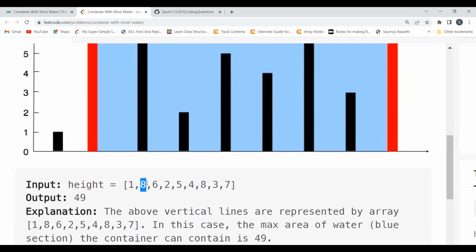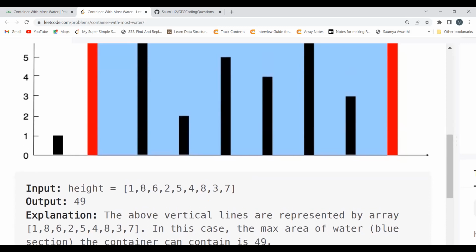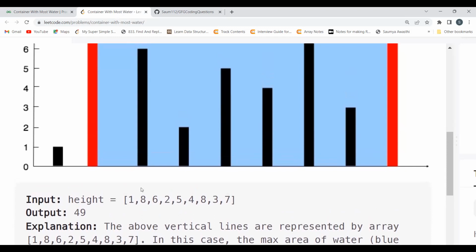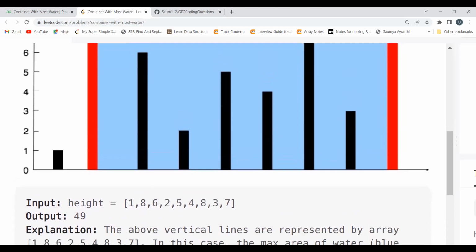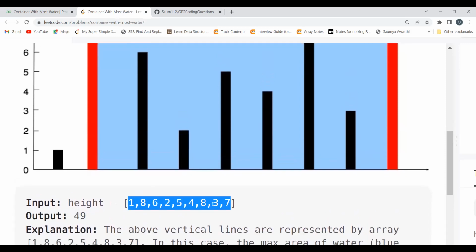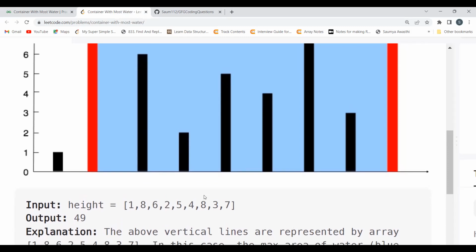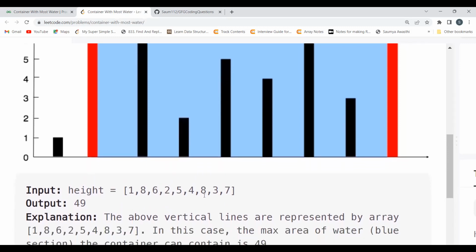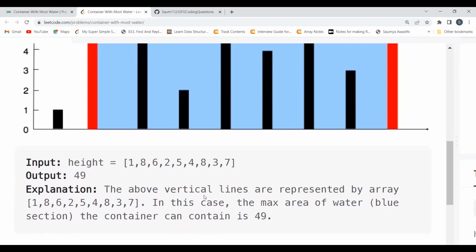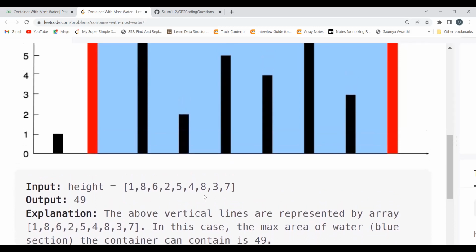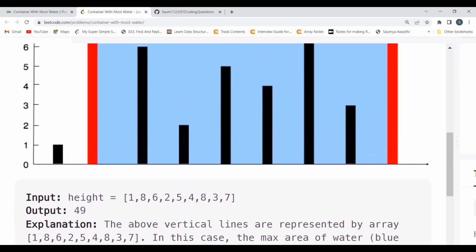For each vertical line we consider all the possible combinations. Like first you took 1, you calculate the area, then you took 8, you calculate the area. This is the first approach that will come to your mind. The time complexity for that is going to be big O of n square.